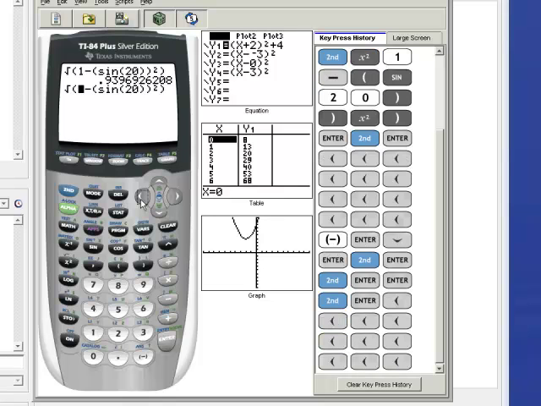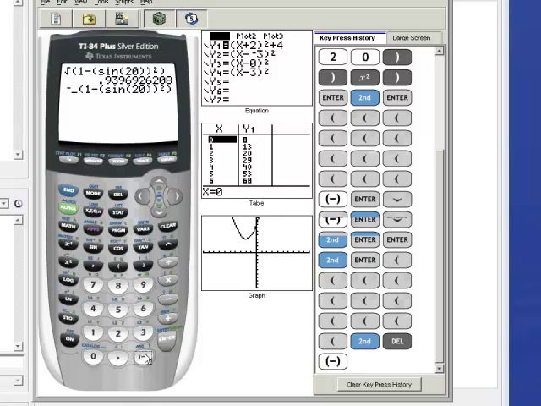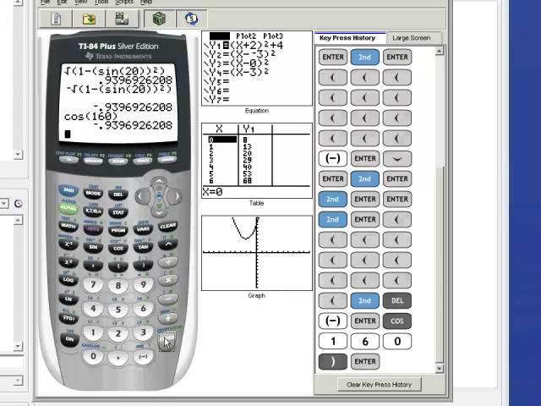I forgot to insert that negative, so instead I overwrote the square root there, and it didn't like that. So negative 0.94. Well, that's not the same as 0.94, but if I used cosine 160 degrees, then I come up with negative 0.94.